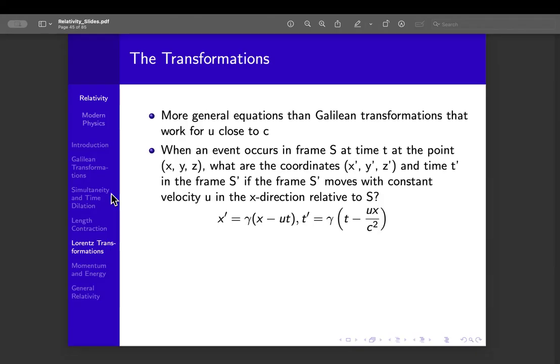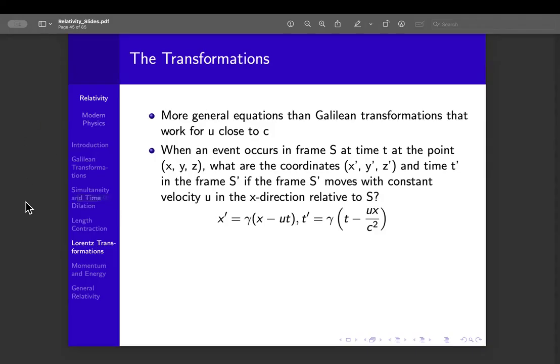Now you might be wondering, what about y and y prime and z prime? Remember, we're in one dimension, so y and y prime are the same, and z and z prime should also be the same. We only really care about x prime and t prime right now. We care about how things are moving in one dimension. So that's quite nice. It gives us a lovely little relation.